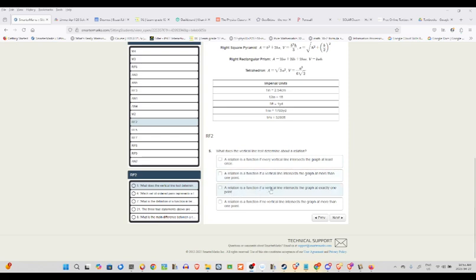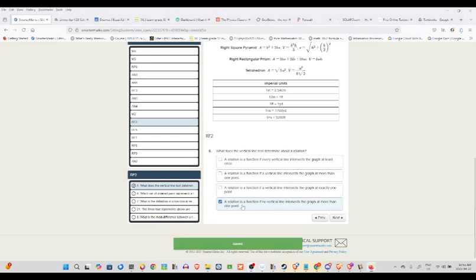A relation is a function if a vertical line intersects the graph at exactly one point. That is very subtle. A vertical line can pass the graph at exactly one point, but a different vertical line can hit it 5 times. So this is not, strictly speaking, enough to be considered a function.